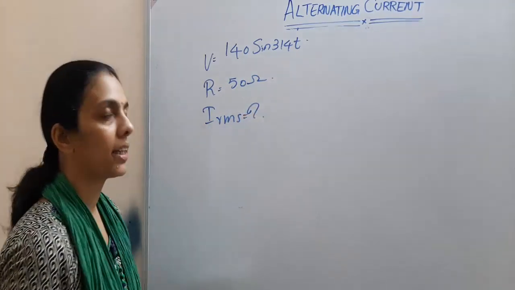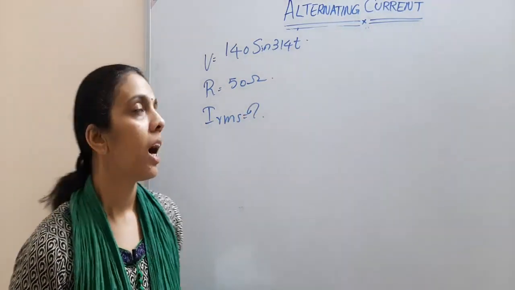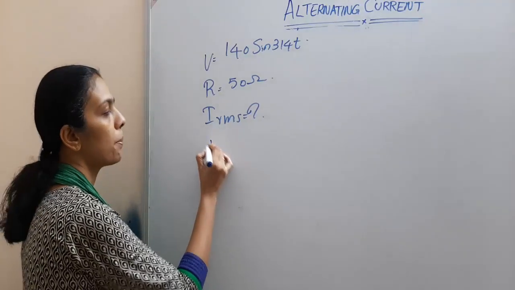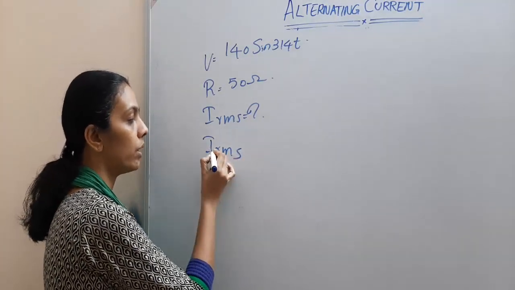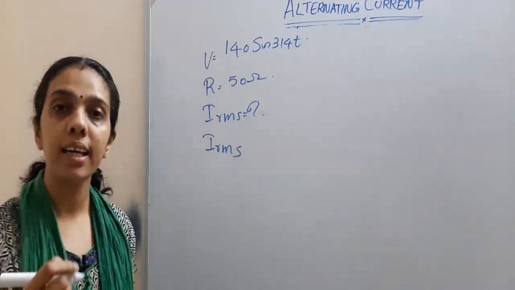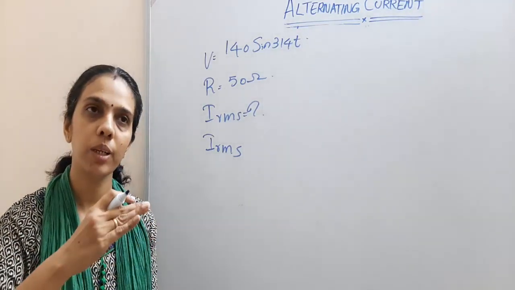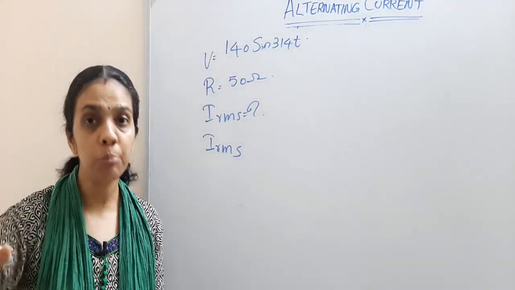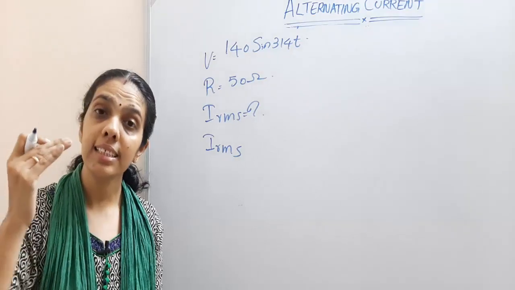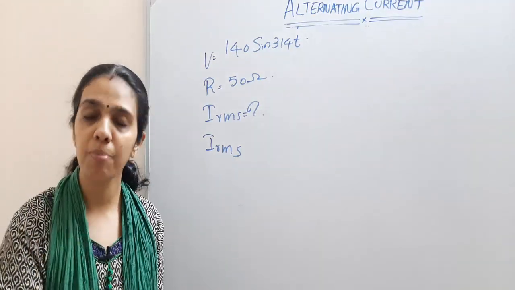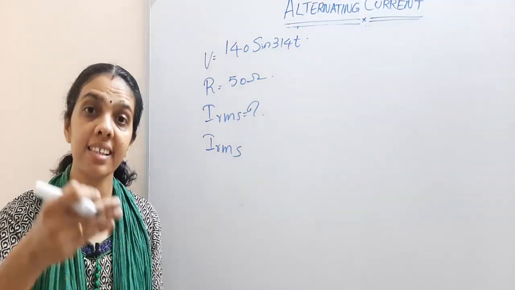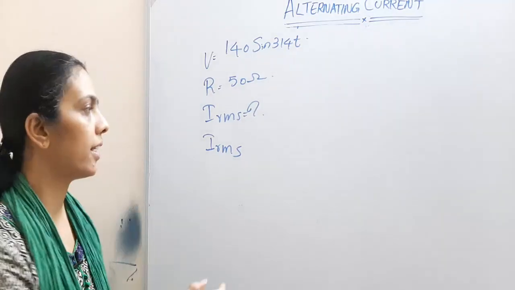So how can we find IRMS over here? The RMS value is always less than the maximum current.